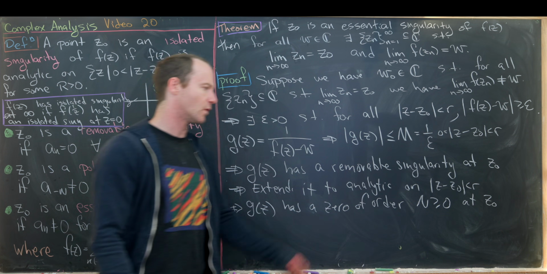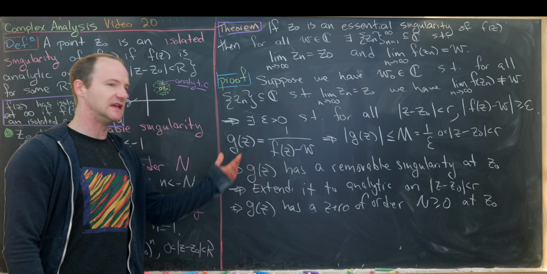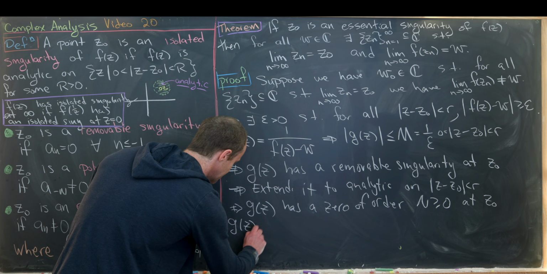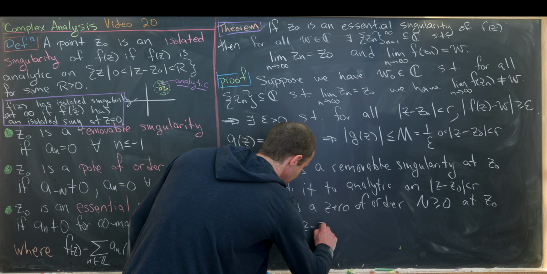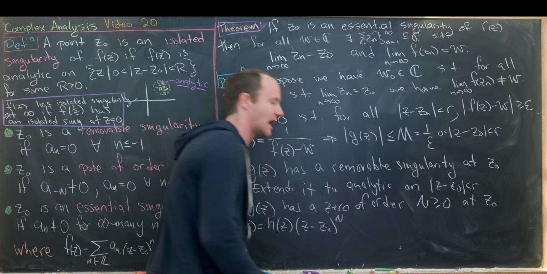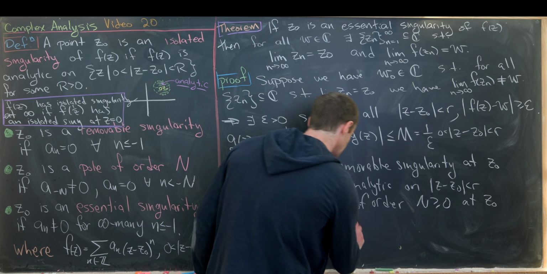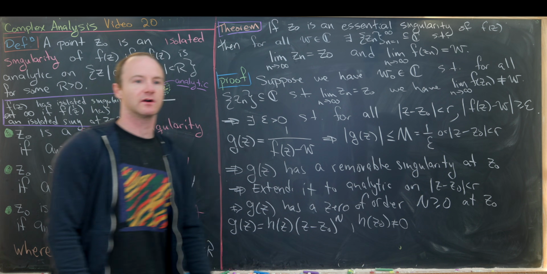So a 0 of order 0 is just really not a 0, but still we want to keep that in there. But that means that we can take g of z and rewrite it as h of z times (z minus z naught) to the nth power. And that's by something we did in a previous video. And furthermore, we know that h evaluated at z naught is not equal to 0.